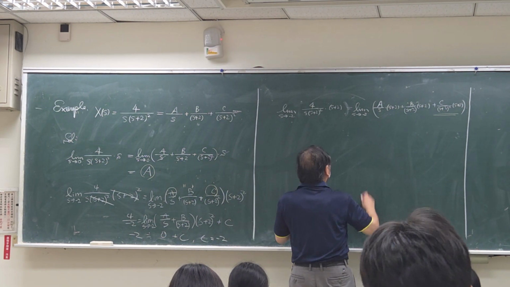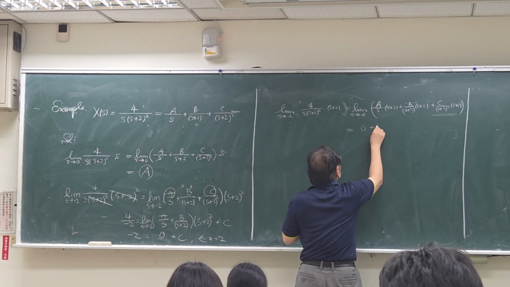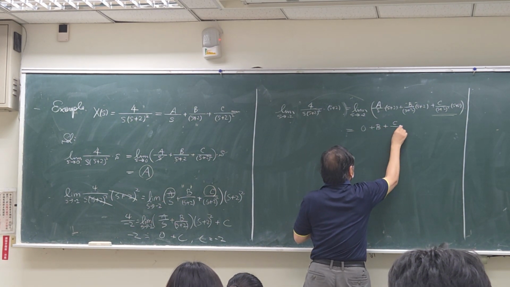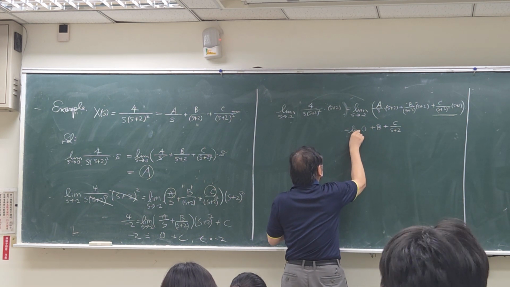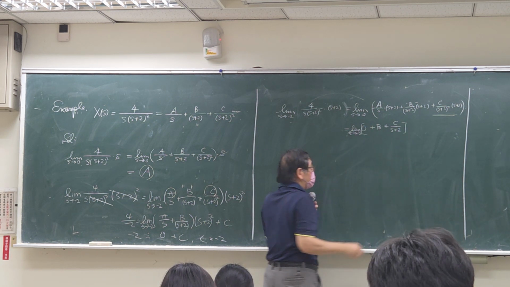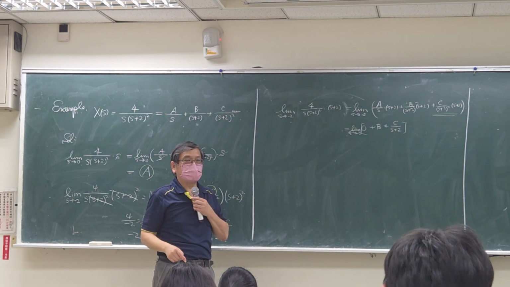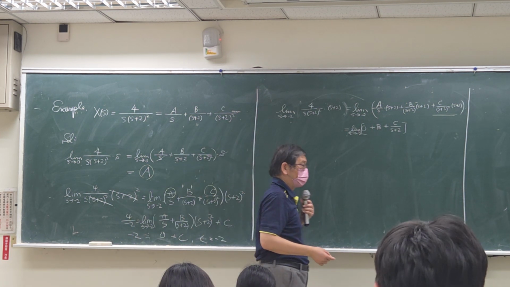The C over (s plus 2) term still has a problem when s is negative 2, so this is not all. So instead, what can we do here?